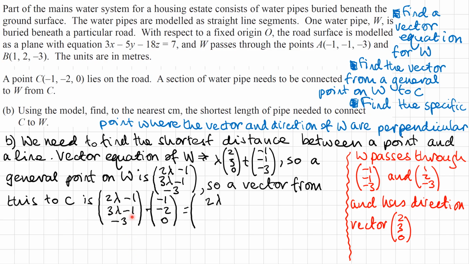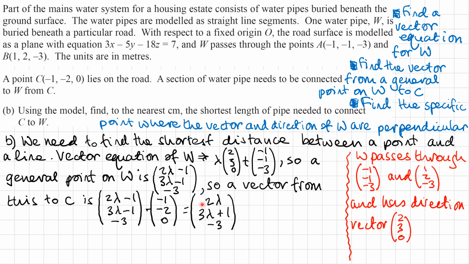Then 3 lambda minus 1 minus -2, so that will be 3 lambda plus 1. And then -3, take away nothing, is just -3. So now we have our vector from a general point on W to C.